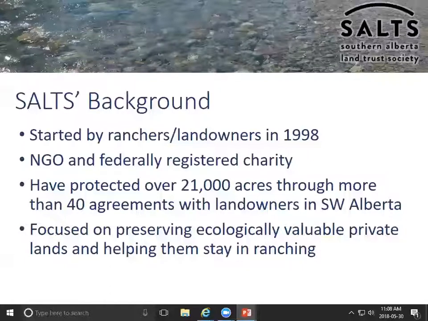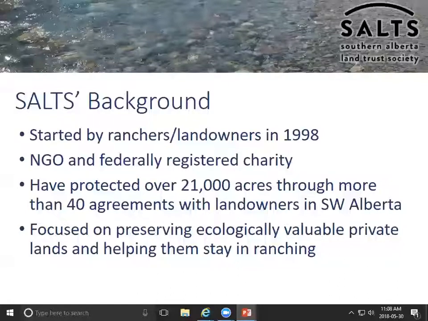Some of you are probably familiar with how we do this, but basically we use a tool called a conservation easement, which is an agreement that goes on title of land in perpetuity and places restrictions on future development on that land with the intent of maintaining the conservation values of the property. And those conservation values can be very broad.